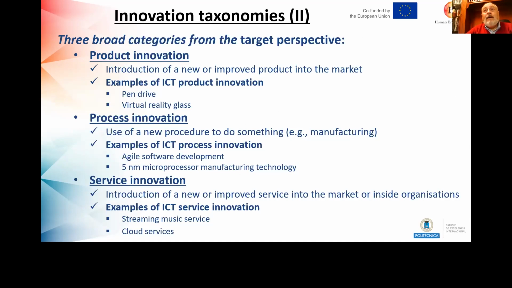The typical one is just to distinguish between product innovation, process innovation, and service innovation. I've put here several examples. Product innovation is when I'm introducing into the market a new or improved product, different from the previous ones.